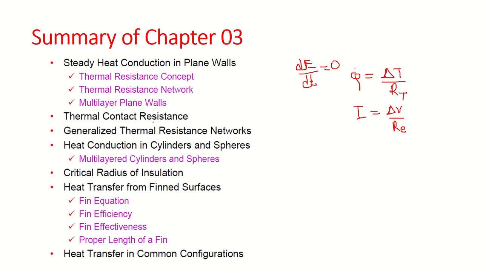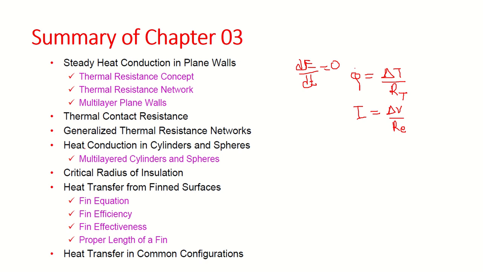These gaps act as insulation. Then you have covered the generalized thermal resistance network, which you have done through some examples with the plane wall, which we will be covering again. Indeed, we will do some examples as part of the tutorial as well.